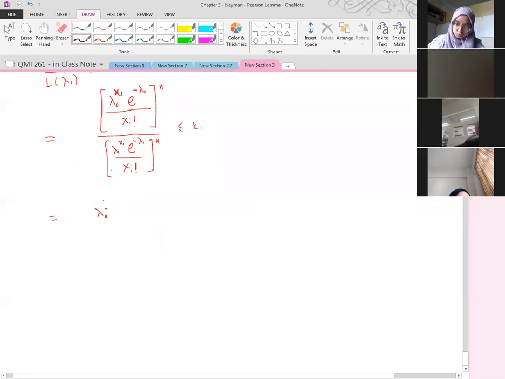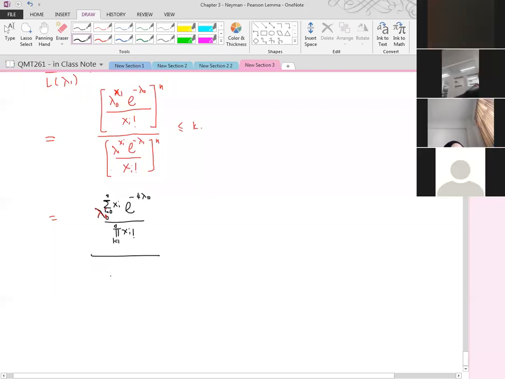So summation of i from 1 to 4 of xi, and then exponential negative 4 lambda naught, divided by the product of xi factorial from i equal to 1 until 4. This is for the first one.